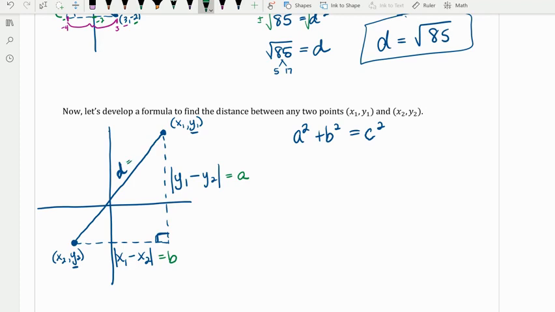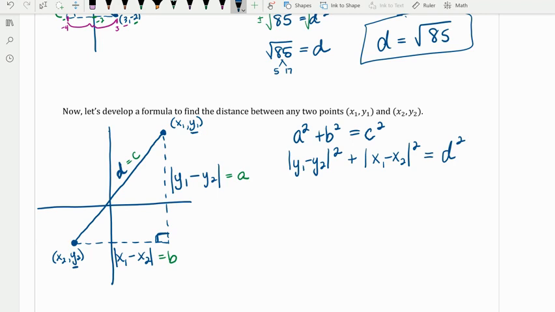And then the distance we're actually trying to find is our c. Okay, so I'm going to plug these in. So I'm going to do the absolute value of y1 minus y2 squared plus the absolute value of x1 minus x2 squared would equal our distance squared.